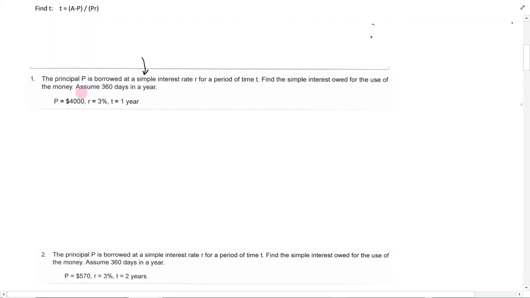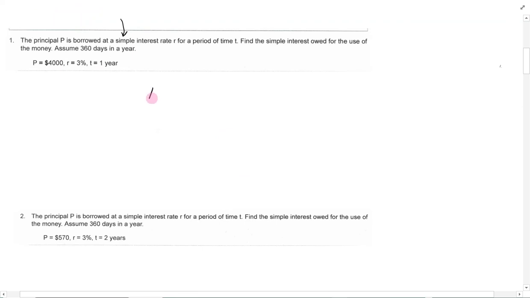All right, the formula for interest: I is equal to principal times rate times time. In this problem, the principal is $4,000 times the interest rate. Now, we're going to have to change this interest rate to 0.03. Remember, you can't multiply with a percent, you need to change it to a decimal.